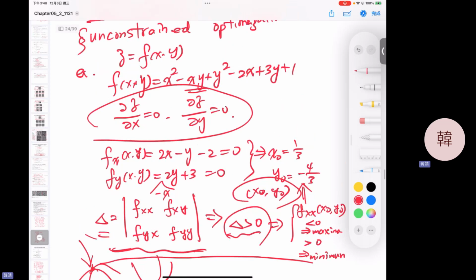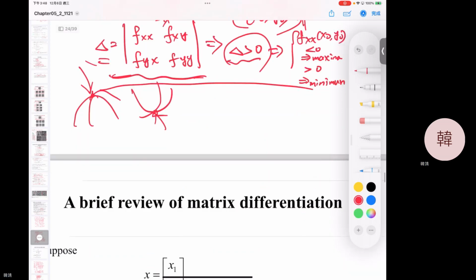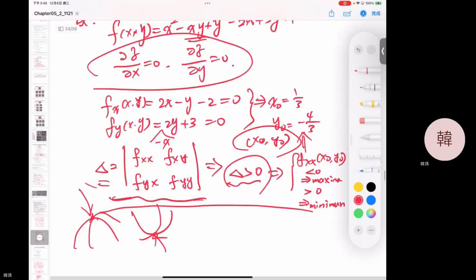So I think it's very straightforward for unconstrained optimization, right? In your first-level calculus, they tell you to take the derivative and set it to 0. What's the geometrical meaning when the derivative equals 0? The slope is 0. For a curve, it's the first derivative, so you can see the slope.